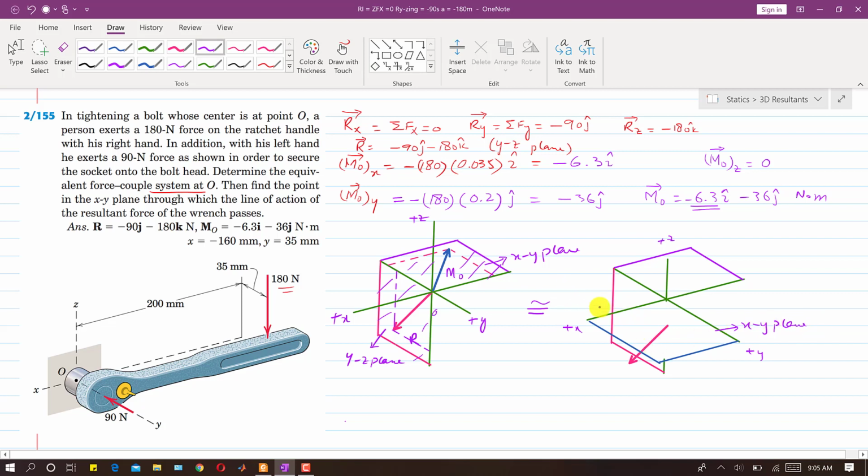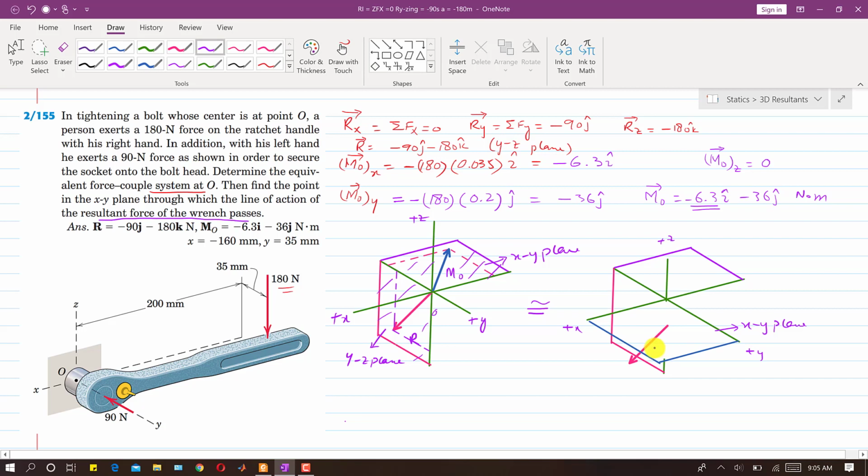It is said to find the point of application in the xy plane through which the line of action of the resultant force of the wrench passes. So we have to replace this force couple system by a wrench. Let's say this is that resultant, and let's assume that the wrench is positive.